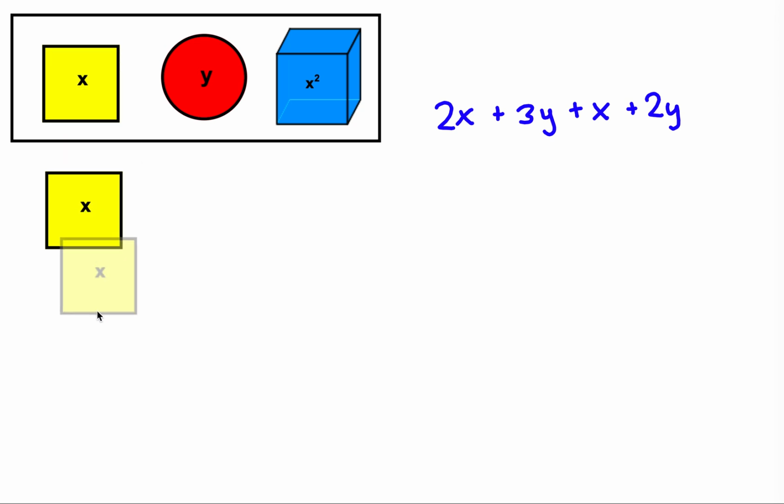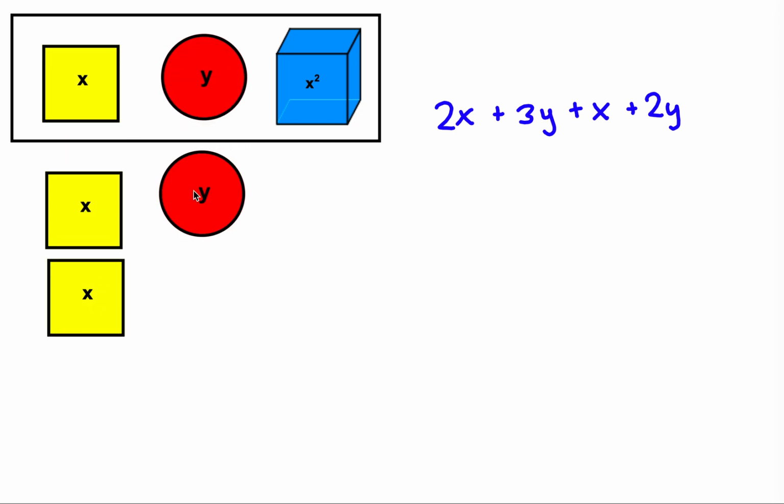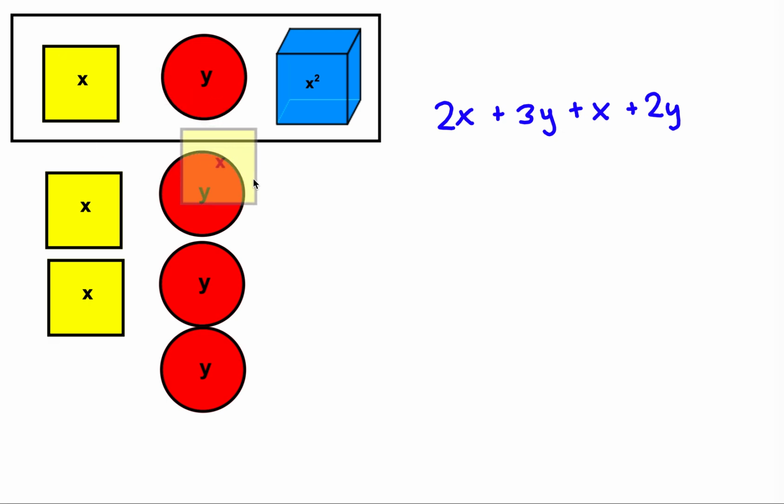So here are my two x's. 3y means I have three of those. 1, 2, and 3. Okay, plus x just means 1. If there isn't a number in front, and that number is called a coefficient, that just means 1x. And then 2 more y's.